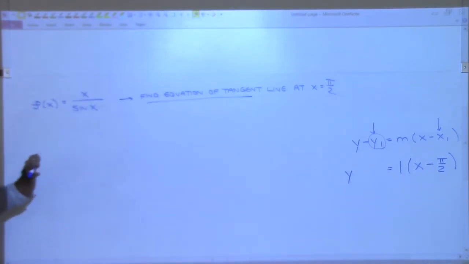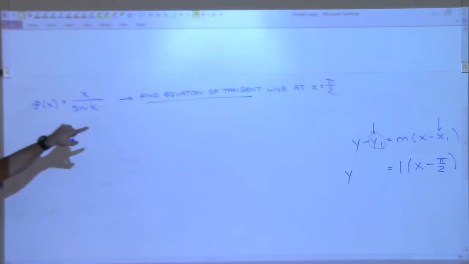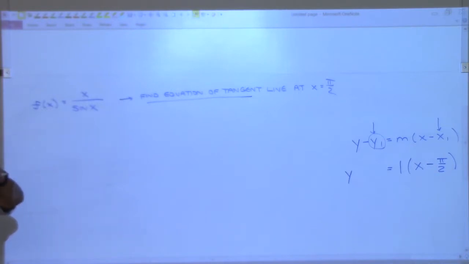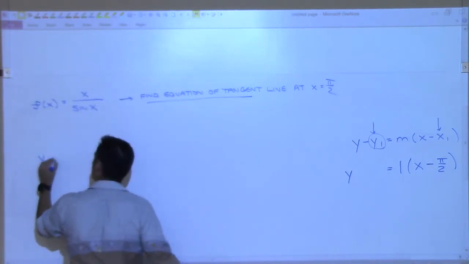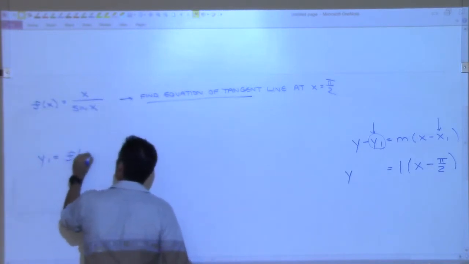Plug in what? Plug pi over 2 into what? We're looking for the point on the curve, right? On the curve, not on the derivative, on the curve. So we have to plug pi over 2 into this. So y1 for us is f of pi over 2, not f prime.